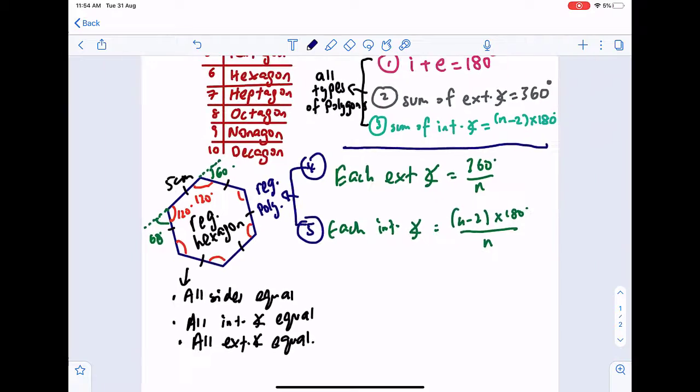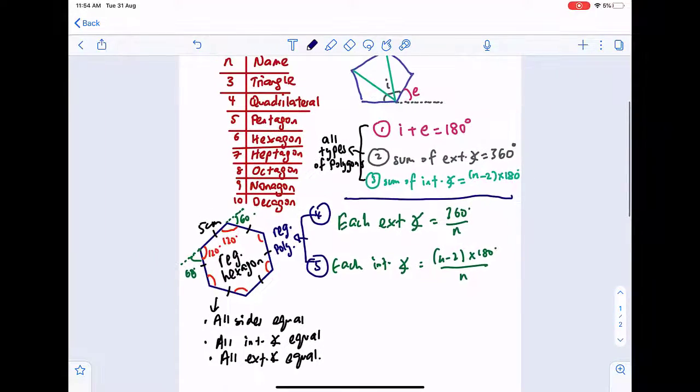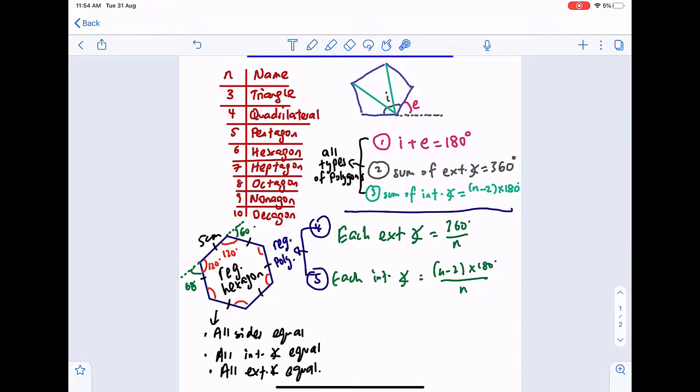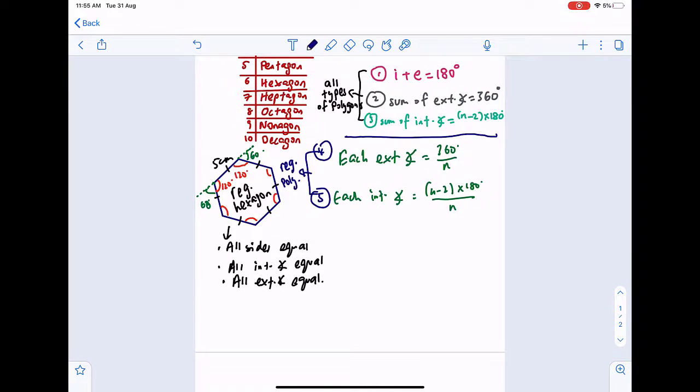So these are the 5 formulas that we have to know about the topic of polygons. Of course, the opposite of regular is irregular polygons, whereby you have at least one unequal side, which means that your interior angles are not all the same. There will be some that are different from others. Last but not least, I also wanted to mention that n is not just the number of sides.